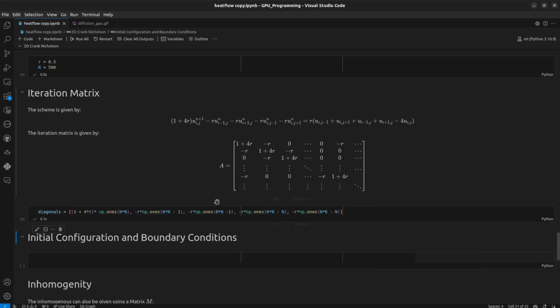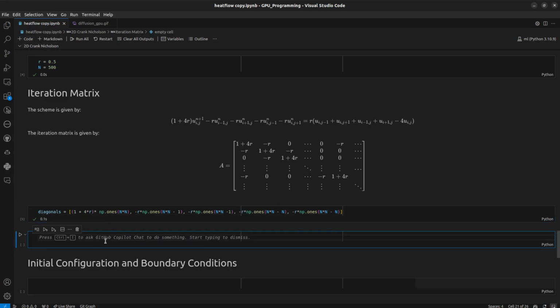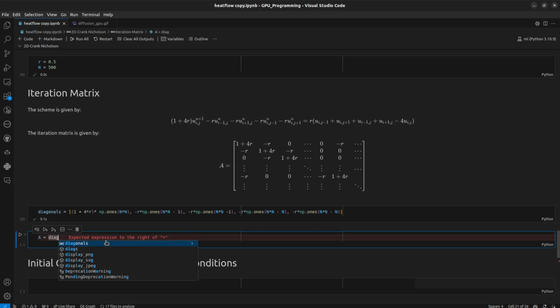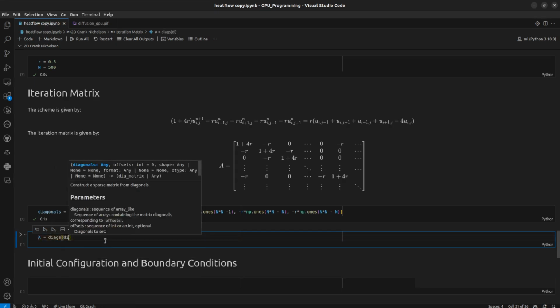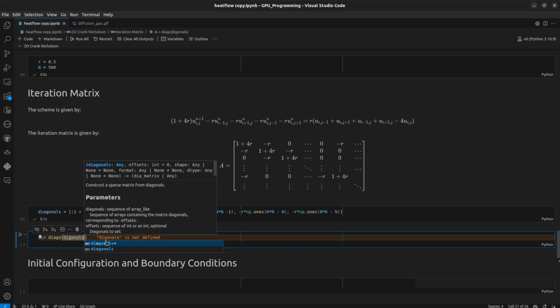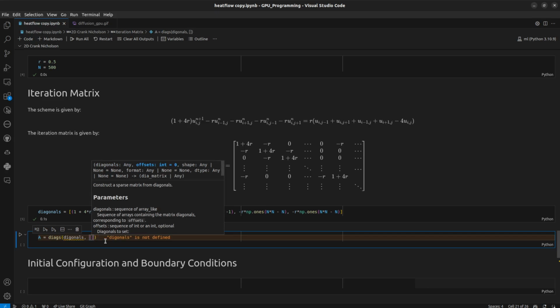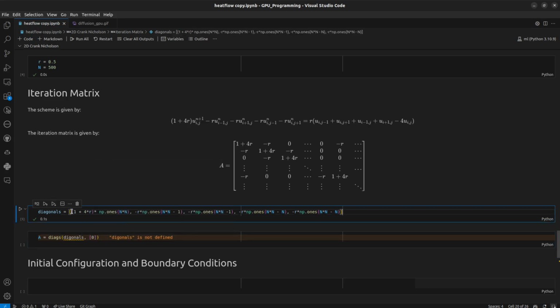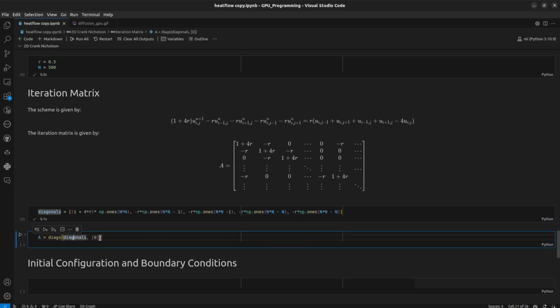Now that we have our diagonals, we have to create a sparse matrix. And again, like last time, we're going to give the diagonals and we're going to give the offsets from the main diagonal. The first value is the main diagonal, so that's going to be an offset of 0.